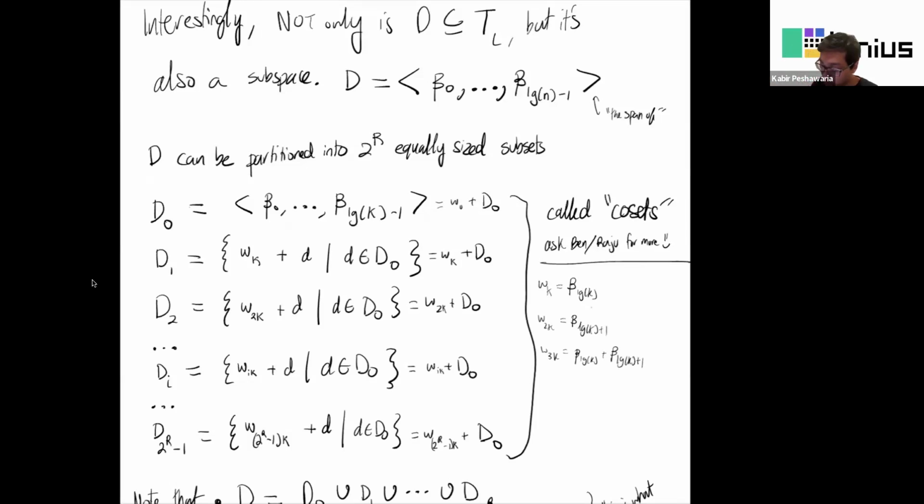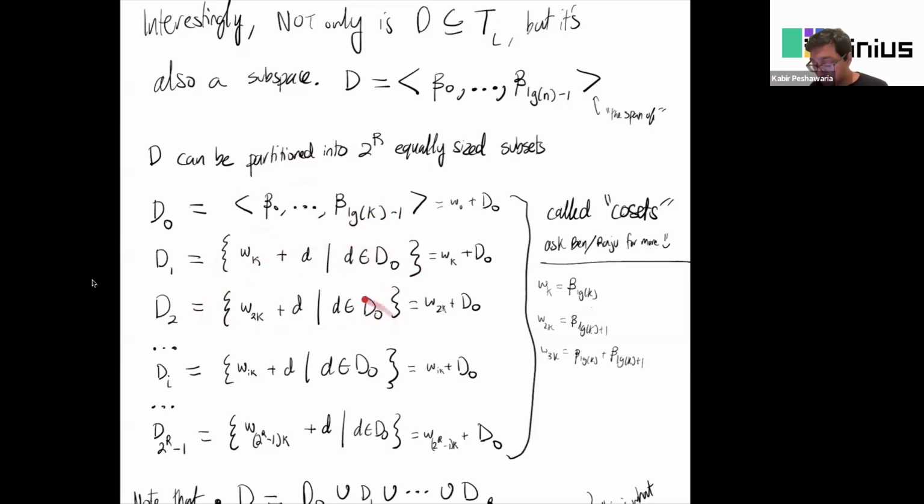Interesting. The bits from index k onwards get to be variable, and that defines which of these sets you're in. D0 is everything you can do with the first k bits. D1 is everything you can do with the first k bits, but after that, not everything is zero. Specifically, the k plus first bit has to be 1.